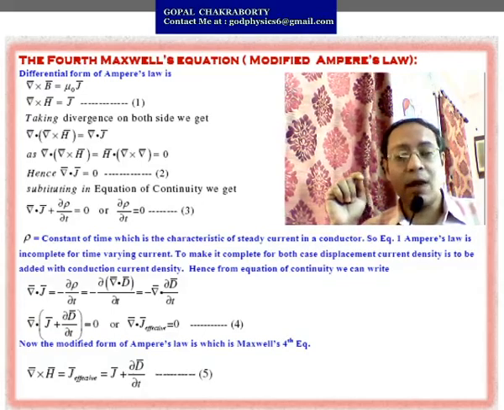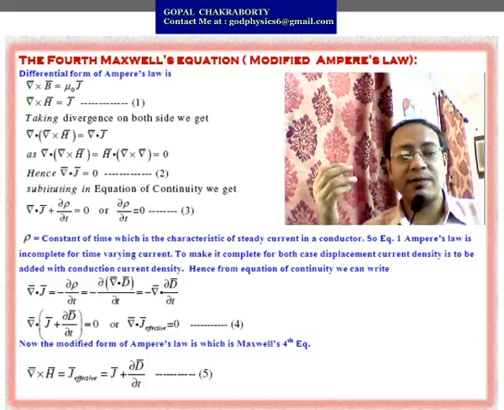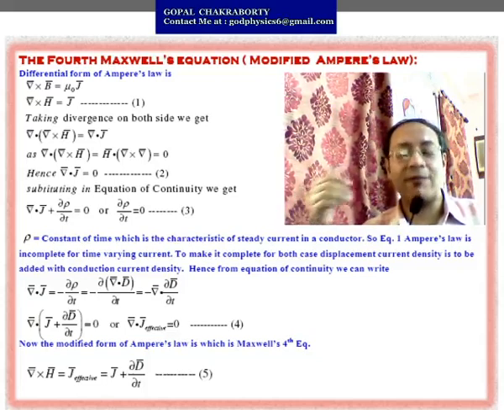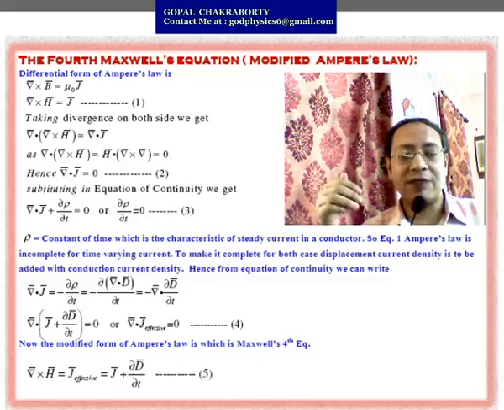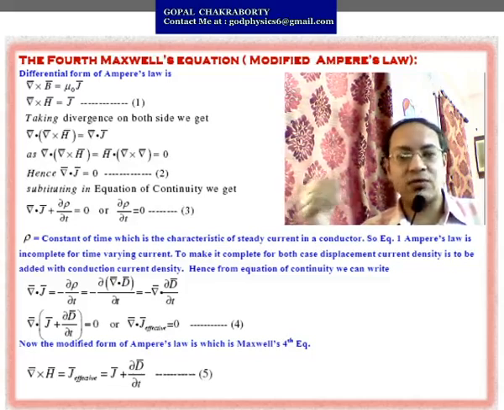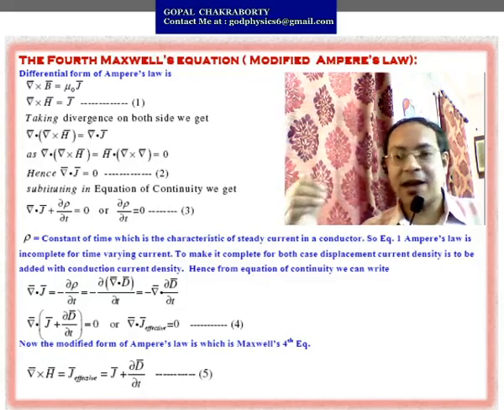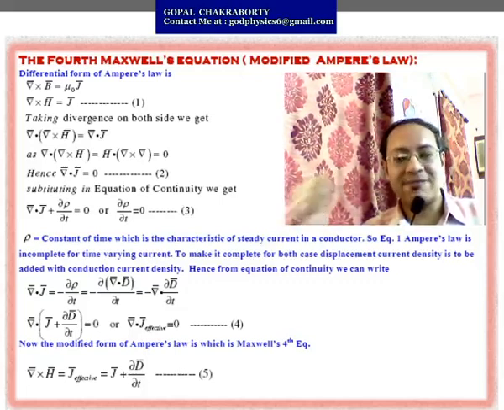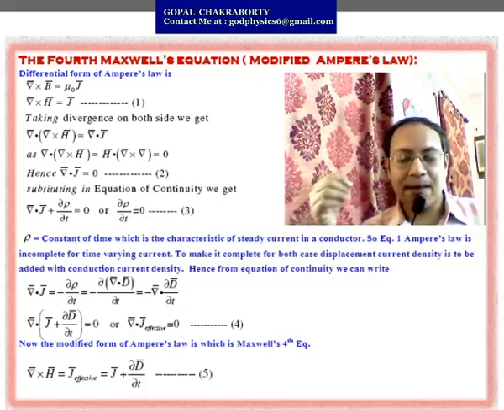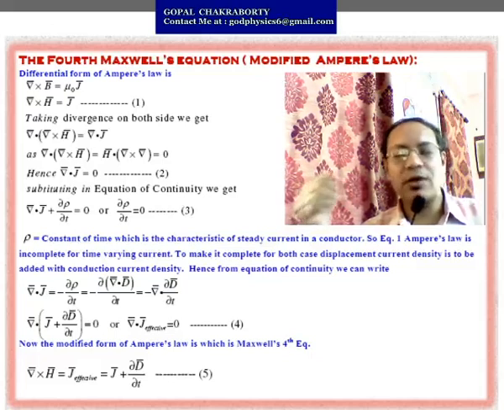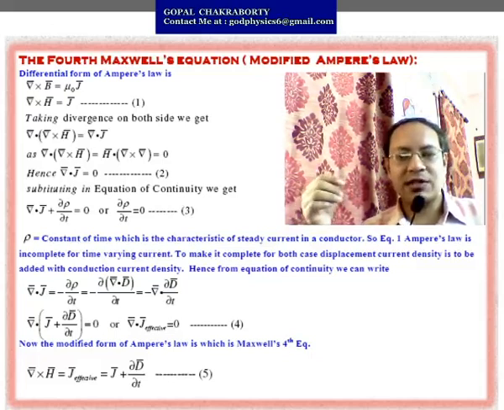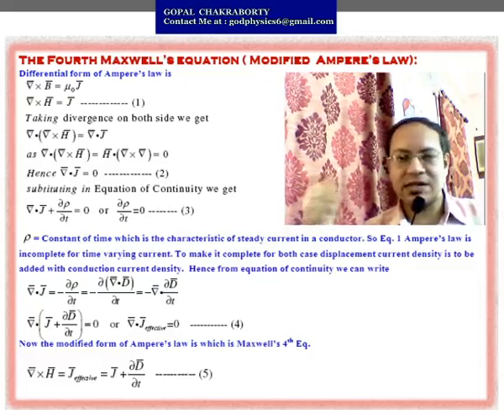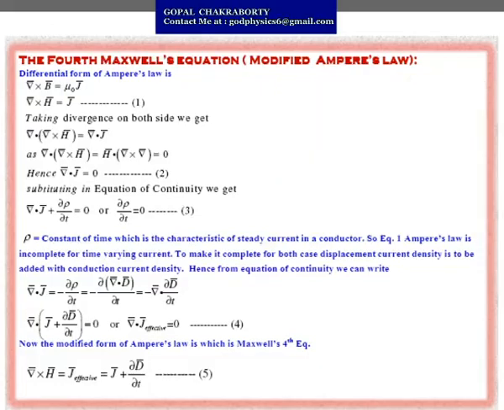So you have to know the general expression for the modified form of Ampere's law, because Ampere's law needs to be modified to make it general, to apply to each and every case, including time varying fields. Now I will show you the deficit of Ampere's law and how you will modify that expression to find the fourth Maxwell's equation.